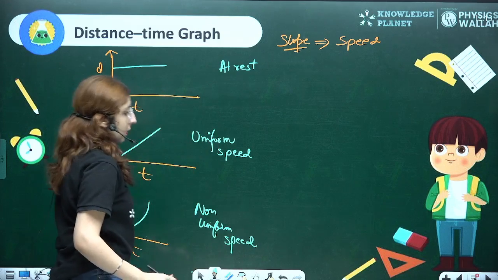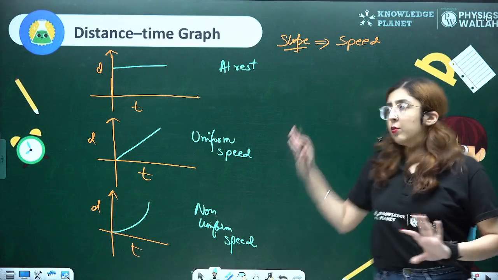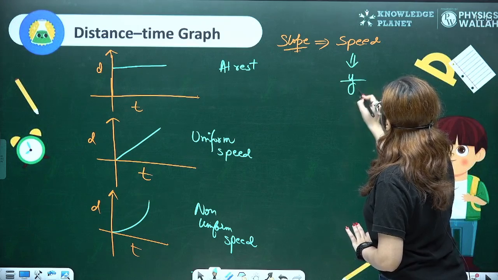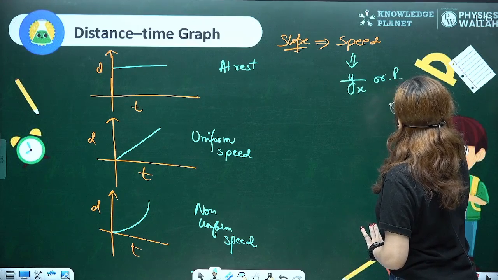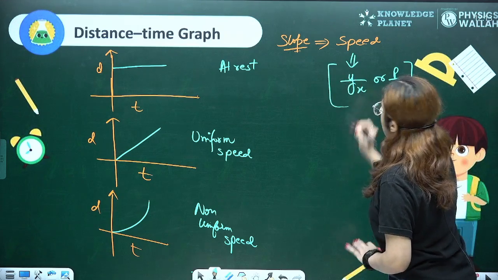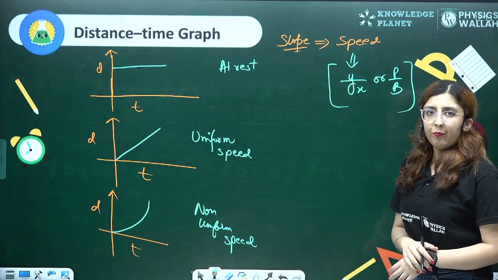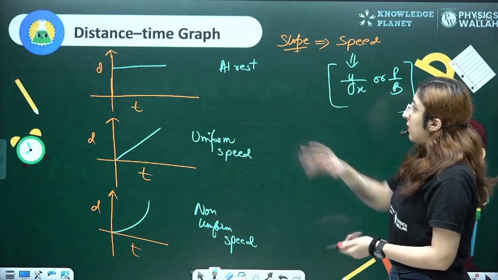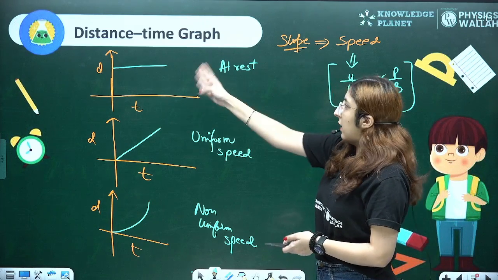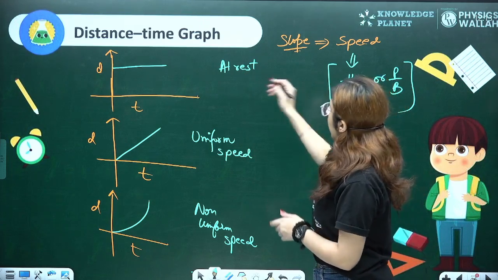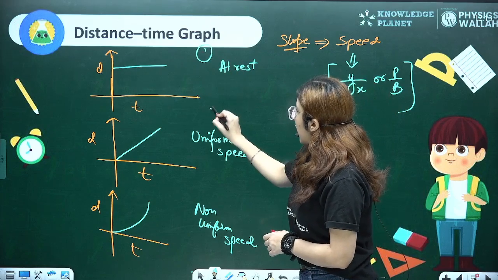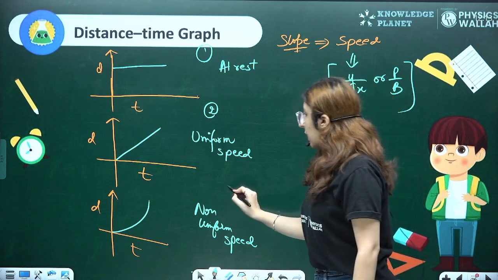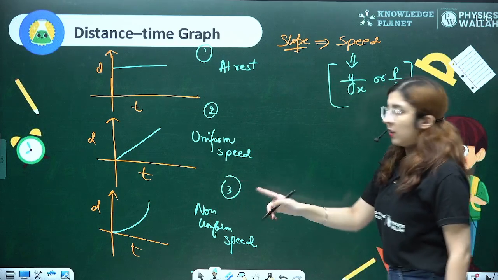For speed we say y by x or perpendicular by base. Now this is all your distance time graph. When the body is not moving, this is not changing, at rest, first case. Uniform speed, slope, incline. Third one will be non-uniform speed, you can see the curve.